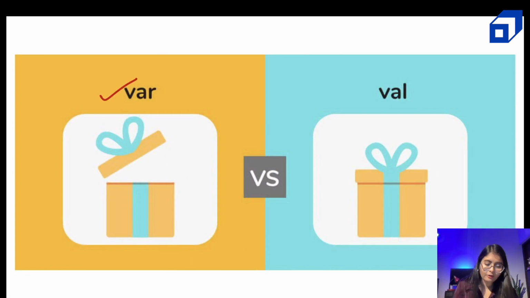So the way to create variable, it's very simple. Var and val, these are the two keywords that we use to create variables in Kotlin. So this is var and this is val. What is the difference? It's important to know. It's very important to know, I would say. So the syntax is pretty much similar for both of these.